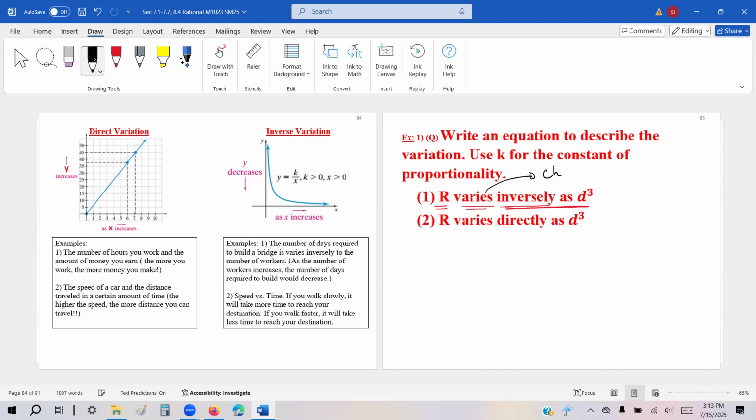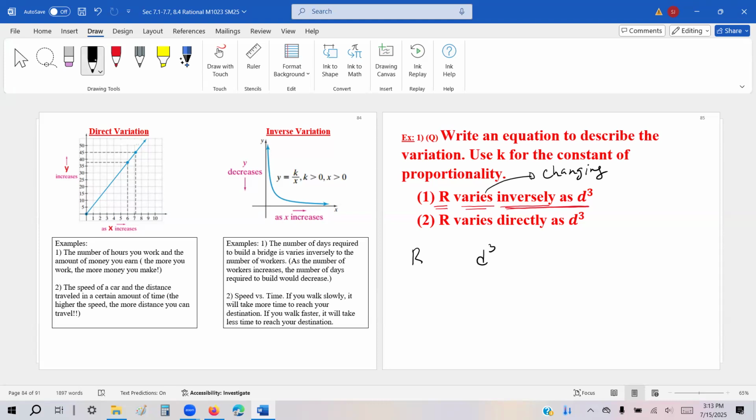R varies, or let's say R is changing. So which two things are changing? In A, in one, R and DQ. Two variables are changing: R and DQ.